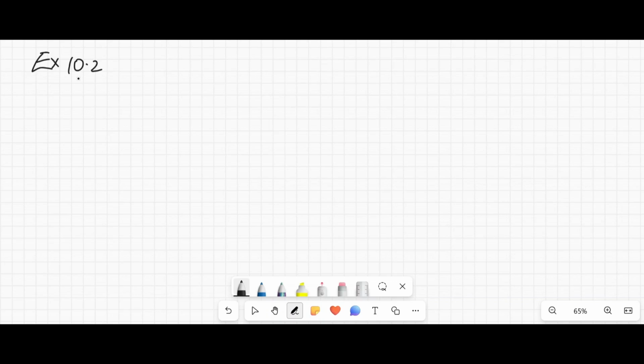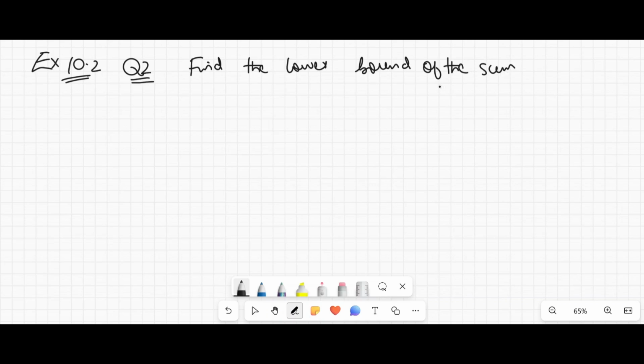What it says: find the lower bound of the sum of measurements in question number 1.